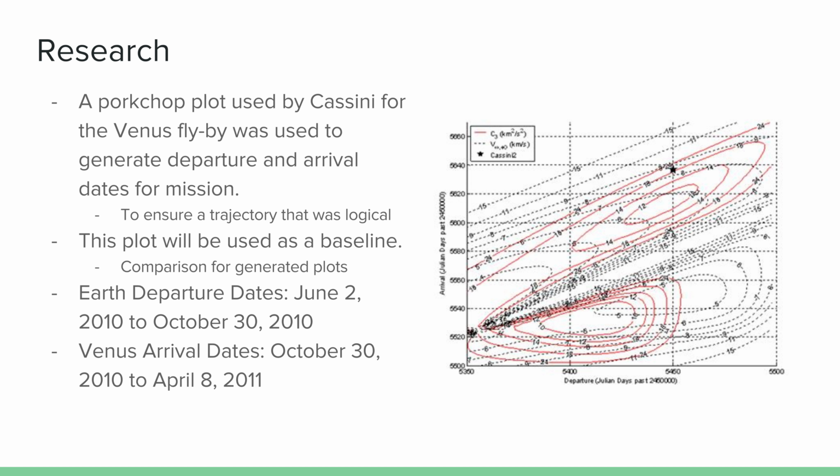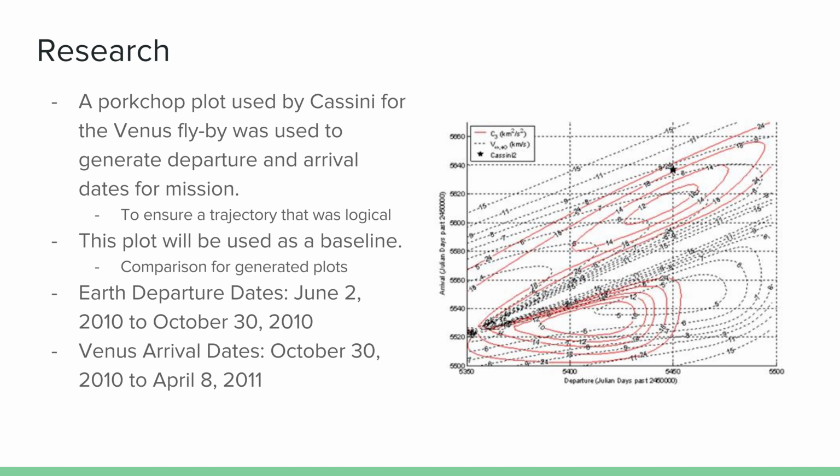So for my research, it was necessary to find examples of previous Venus flybys and mostly to choose the dates for departure and arrival, and also get something that I can compare my results to. So this plot on the right was used by the Cassini mission.